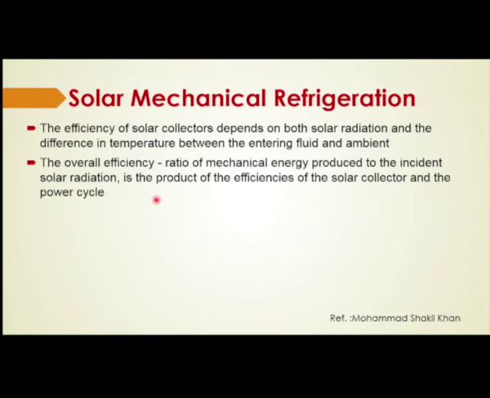This is an important parameter of the solar mechanical refrigeration system, and we want to improve the efficiency. Because of the competing effects with the temperature, there is an optimum efficiency at any solar radiation. The solar mechanical systems are competitive only at higher temperatures, for which tracking solar collectors are required.